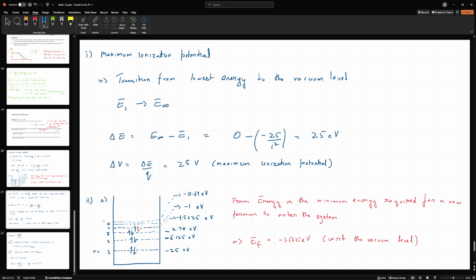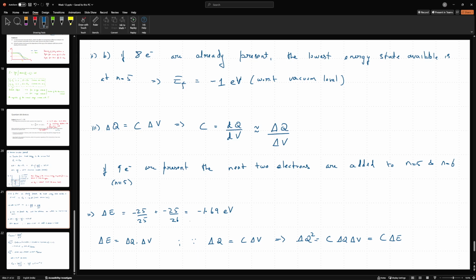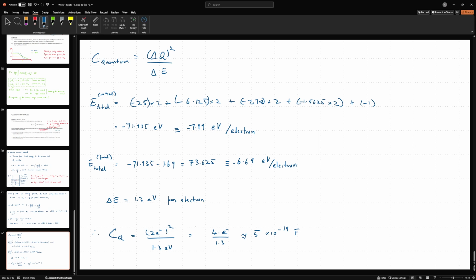Therefore, this delta E will become smaller and smaller. Because of that, as we increase the number of charges, the quantum capacitance of this device will also keep varying substantially. So this is how we do the calculations.